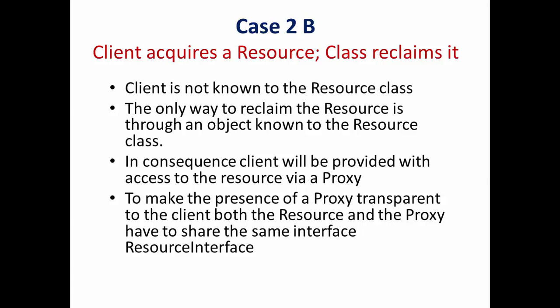We will call this object a proxy. So the client will not get access directly to the resource, but will get access to the resource through a proxy. We will explore what this actually means.